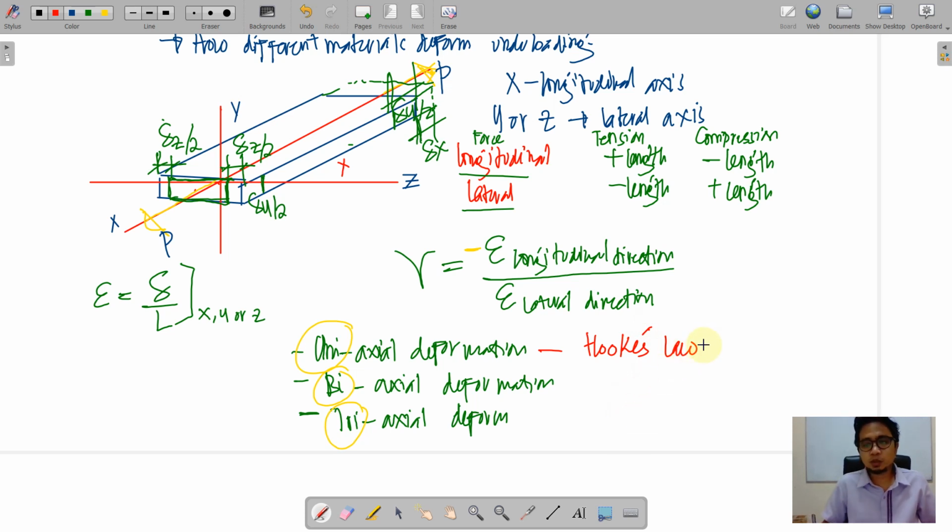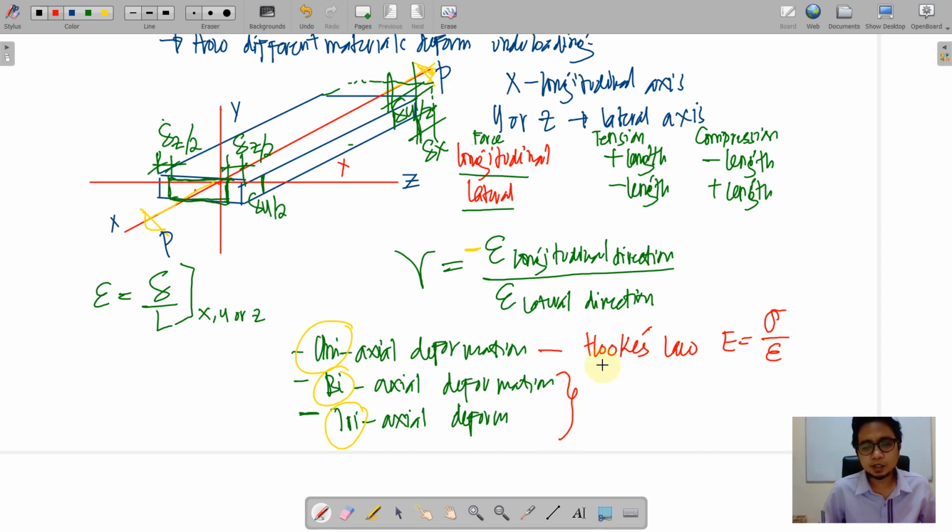What is Hooke's law again? So let us recall that Hooke's law is modulus of elasticity, wherein the stress is directly proportional to the strain, or simply E is equal to stress over strain. So if we have a uniaxial, we can apply this one.